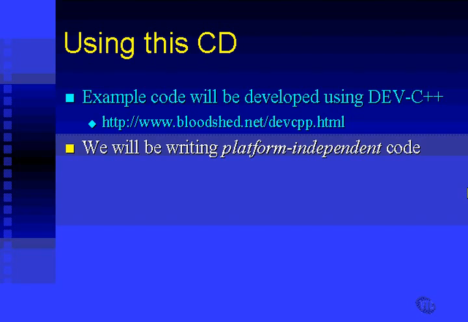The code that we write, every single line, will be able to be compiled on any platform, Unix, Windows, even DOS, OS2, Mac, or whatever you like. We will be writing no code that is designed for the Windows environment only. I'll talk more later about the standard C library.